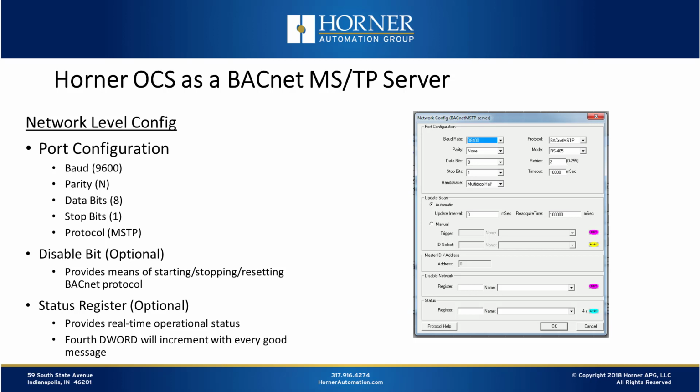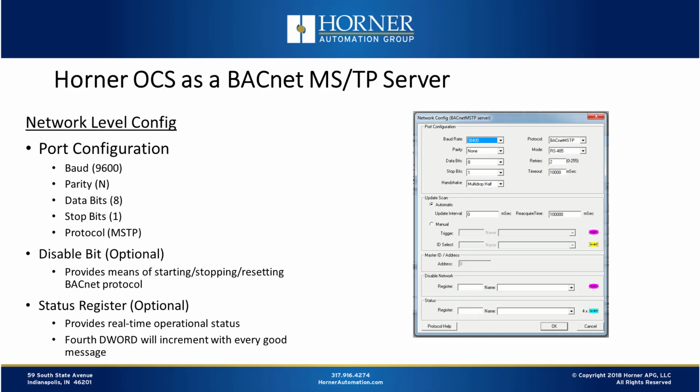You're going to be talking 100K or less, where the default is 9600 and the most typical might be 38400. So this is really almost a legacy network. Today there's a lot of it out there, but for new installations, more than likely, you're going to select BACnet IP instead.